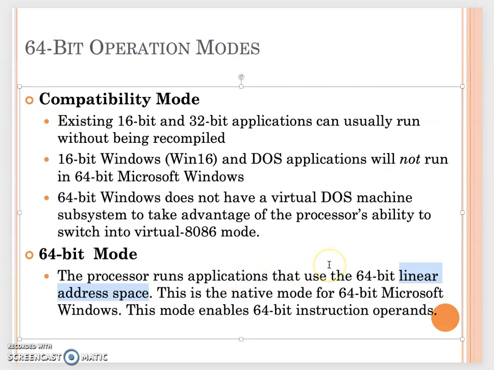So we can only have 4 gigabytes of memory. But now after you extend to 64-bit, we can store the memory address up to 8 bytes. So this native mode for 64-bit Microsoft Windows enables all the 64-bit instruction operands.